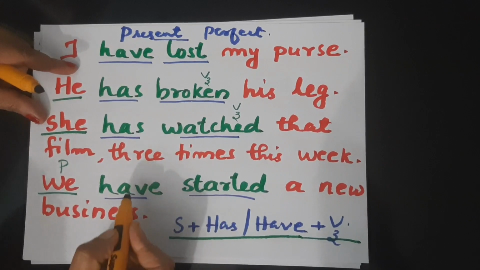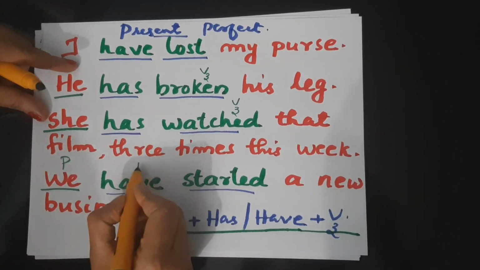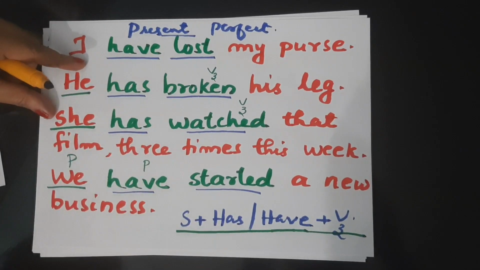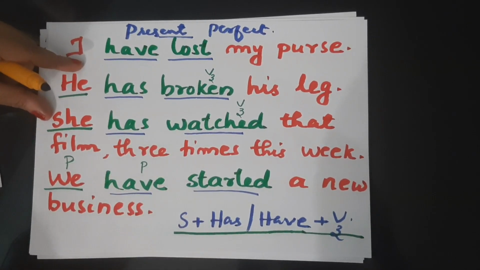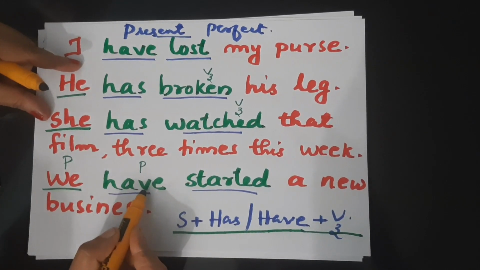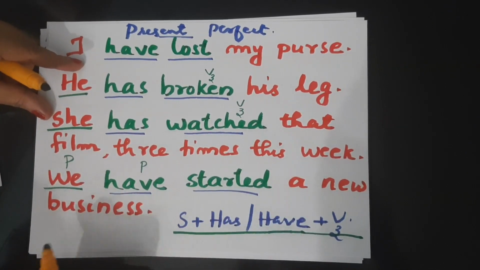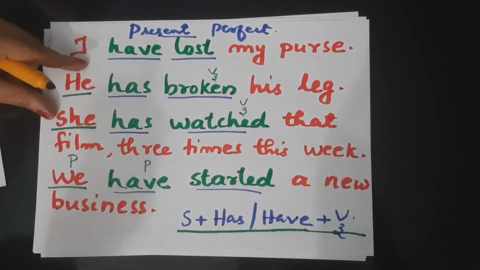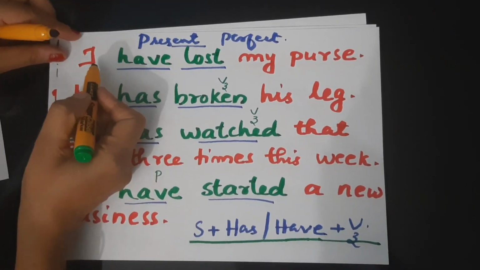That's why we used the verb also in its plural form, that is have. Okay, you know that has is singular, have is plural. Here the subject is plural, so the verb also is in its plural form. Okay, we have started a new business, means we have started a new business recently. Okay, so come to this example.